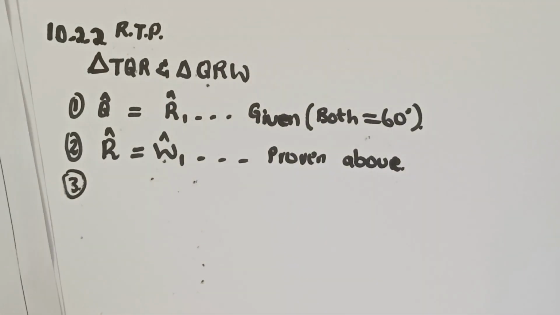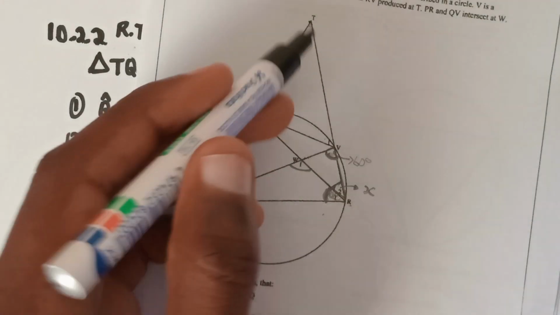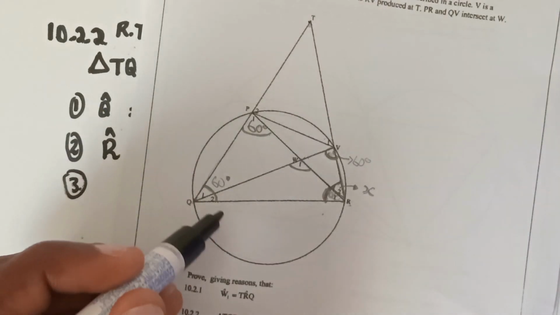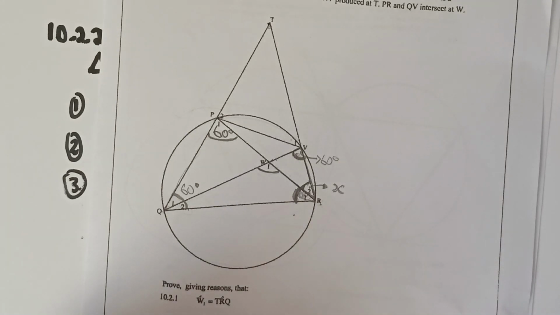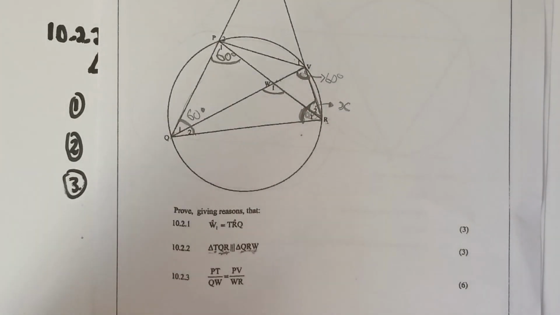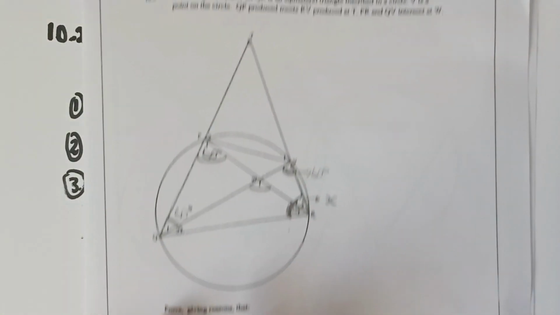So now let's try to find the third angle, that is T from the bigger triangle and Q2 from the smaller triangle. The one that we said there was no relationship, no clue given from the statement.